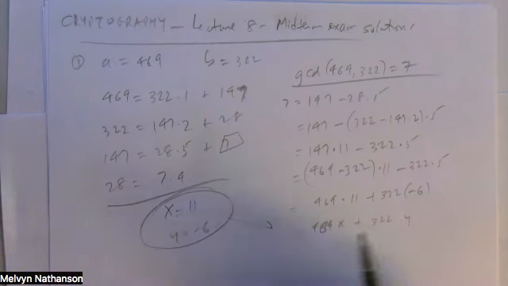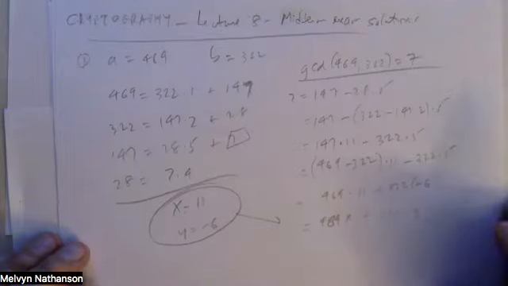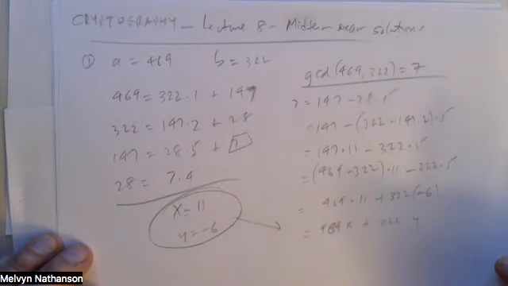Okay. So this is working the Euclidean algorithm backwards. Now, there are other linear combinations of 469 and 322 that also represent 7, but this is what comes directly from using the backwards calculation from the Euclidean algorithm. Okay, that's problem number 1. Quick enough.